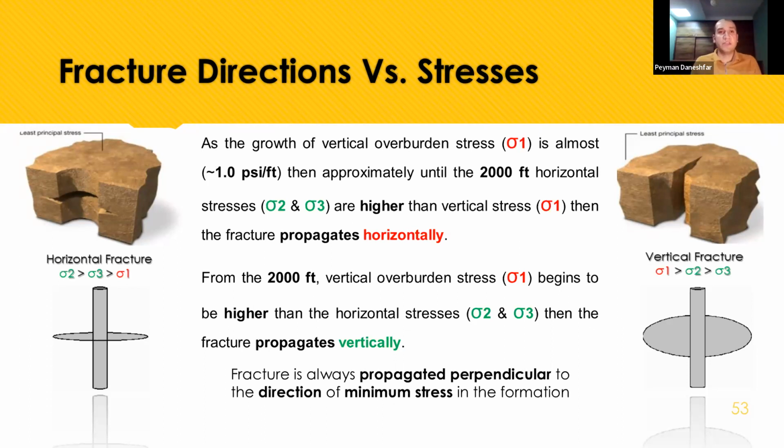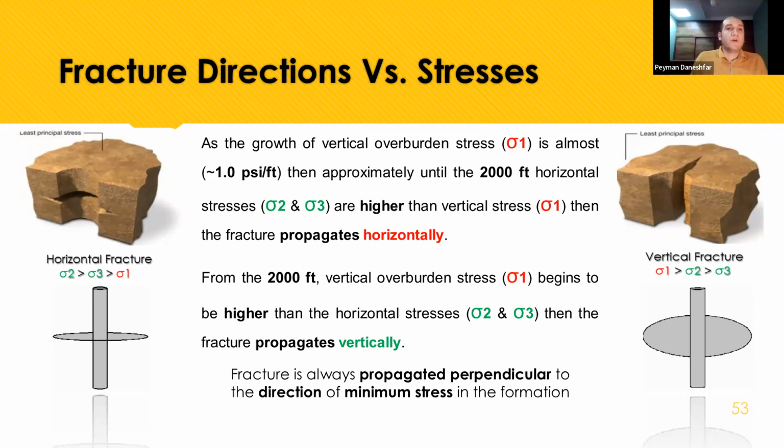So if you see here, when our vertical stress is bigger than the horizontal stress, the fracture will be vertical. If our vertical stress is smaller than the horizontal stress, our fracture will be horizontal. So the in-situ stresses control the direction of the fracture.